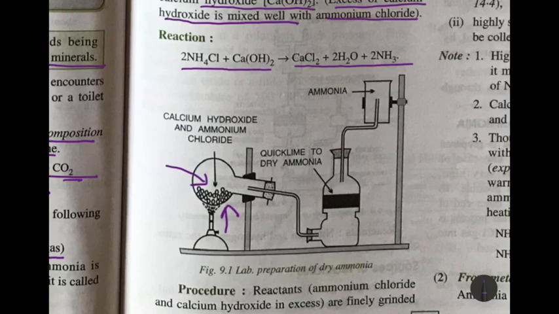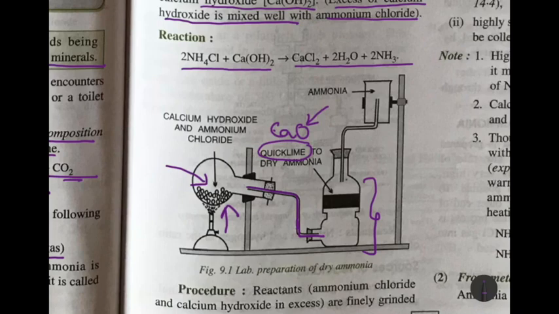And here you can see a delivery tube leading from the round bottom flask into a drying tower which contains quicklime or calcium oxide. Because this ammonia is not dry, it contains water vapor, so that water vapor must be absorbed, so it is passed through the drying tower.